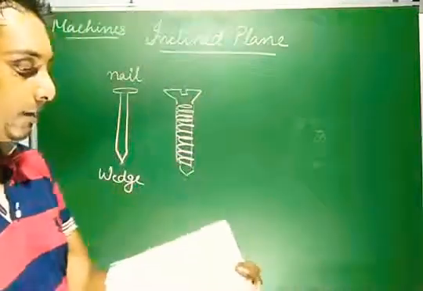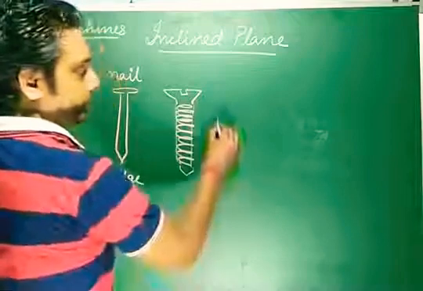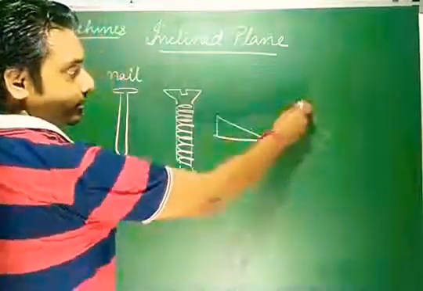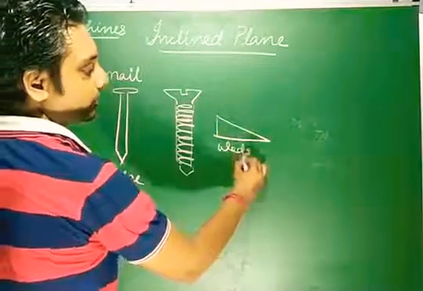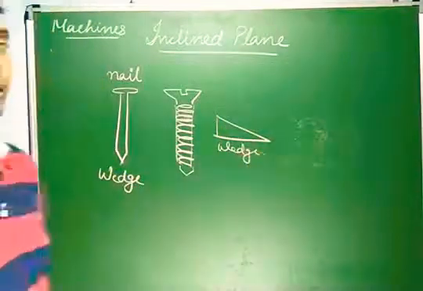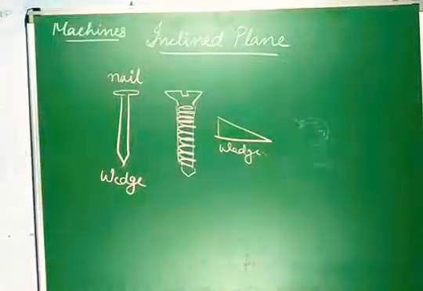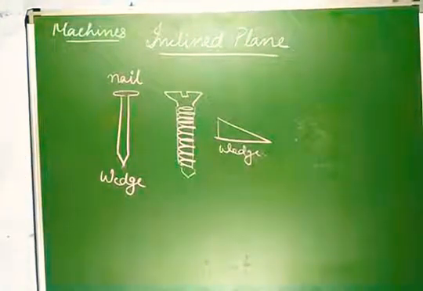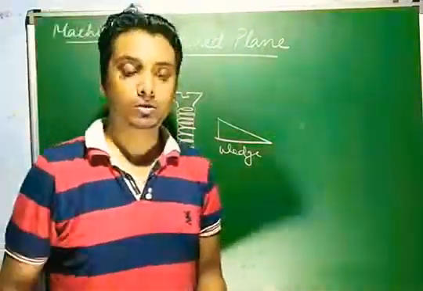You might have seen that to stop doors we use this kind of thing so that the door will not open. This is also a kind of wedge. So this was all about the wedge.